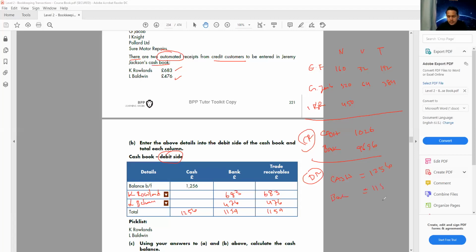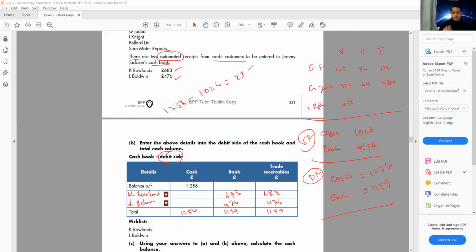Now, if I ask you how much cash we have, can anyone tell me how much cash balance we have left over? The cash book debit side is 1256 minus the cash book credit side, 1026. That is 230.